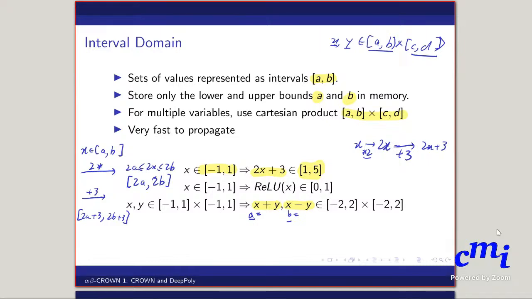You can actually ask somebody else this question for the next example, x minus y. What will happen with x minus y? Somebody, I'll go to Vardhan. Can you take a crack?